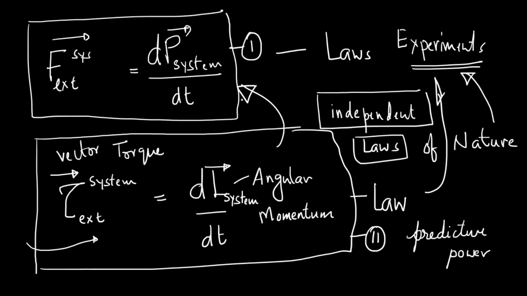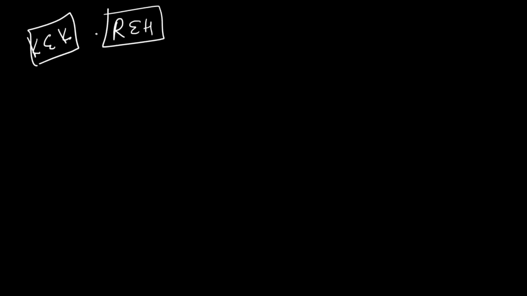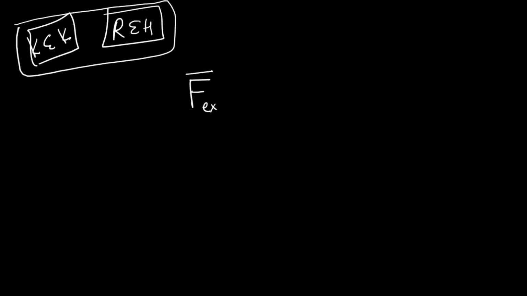Now, I'll tell you that there is a standard confusion, and you should read about it in Kleppner and Kolenkow, or for that matter R and H. Any good book will take its time to emphasize this fact, and therefore you should read both the good books and what the author has to say about the fundamental laws of physics, something as fundamental as this. This particular law, like I said, looks symmetrically nice.